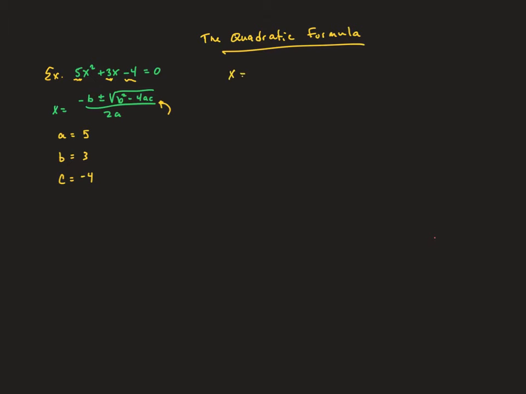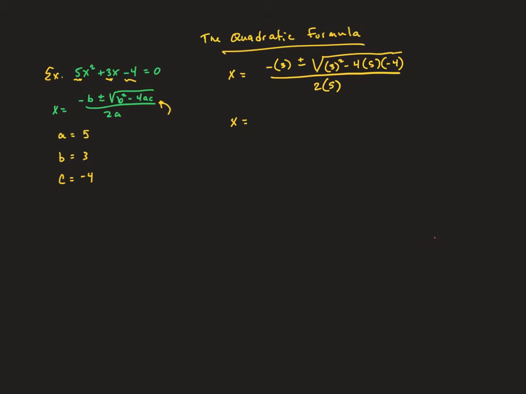So I'm going to have x equals negative, and b is 3, plus or minus the square root of 3 squared minus 4 times a, which is 5, times c, which is negative 4. All of that is going to be over 2a, which a is 5. All right, so we've done our substitution of the a, b, and c values back into the quadratic formula. Now we need to simplify.